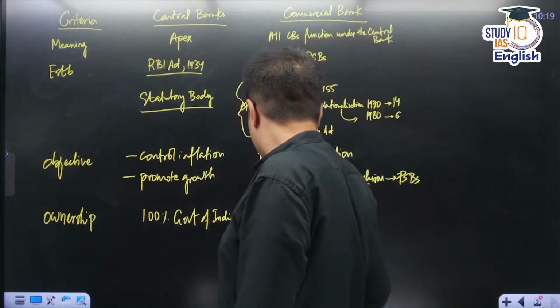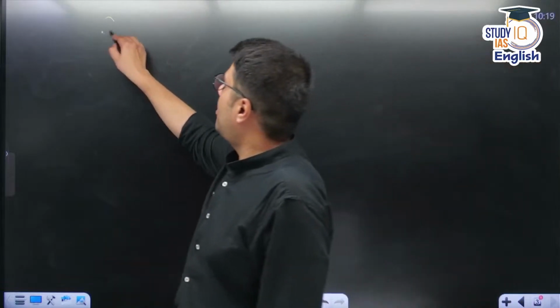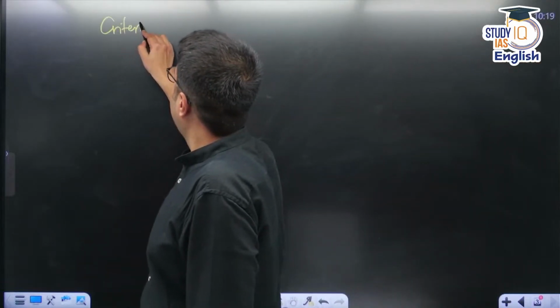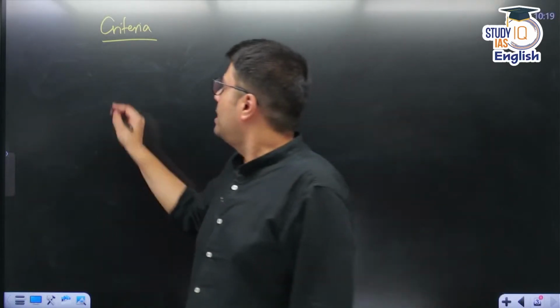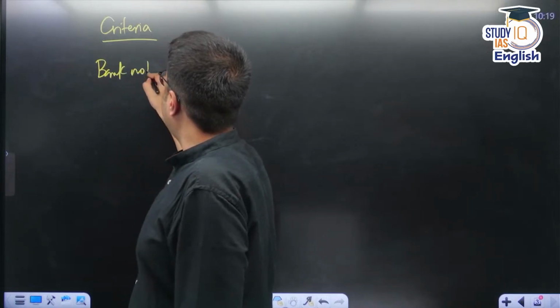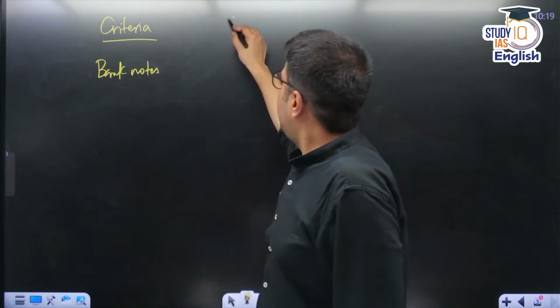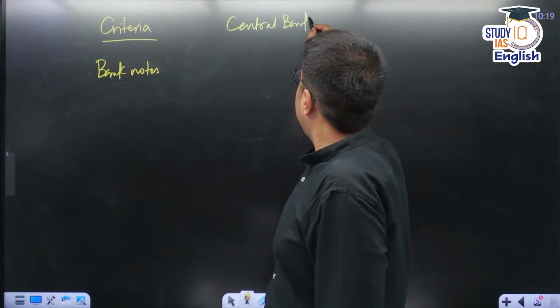Now, any other criteria that you can think of? Another criterion that I can think of, the difference between the two, relates to banknotes. Now, the central bank has another responsibility.